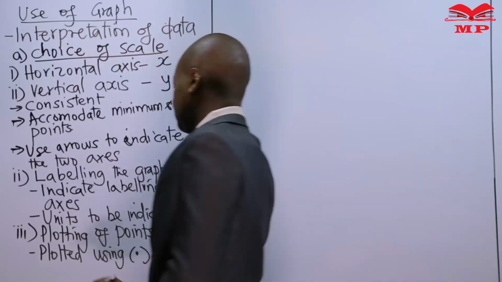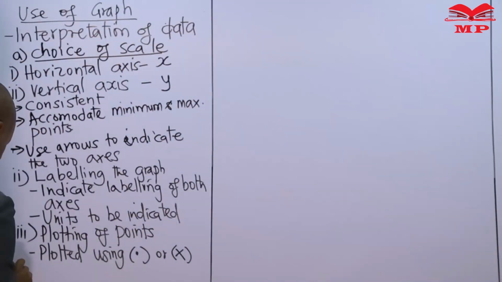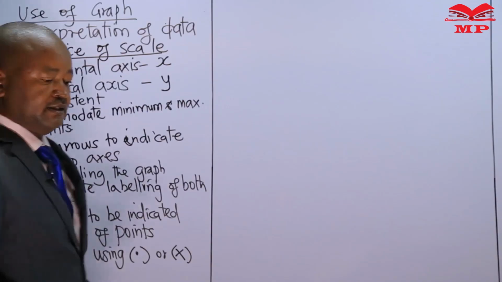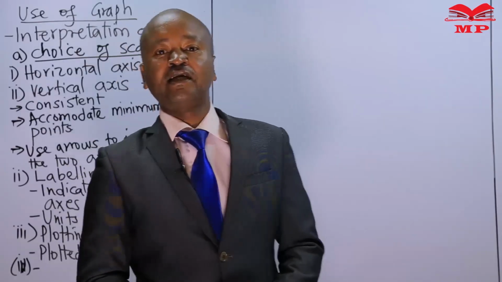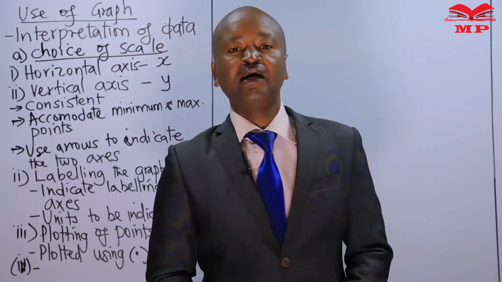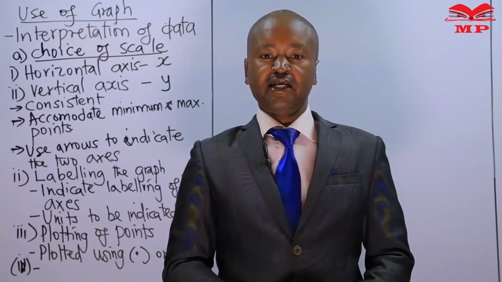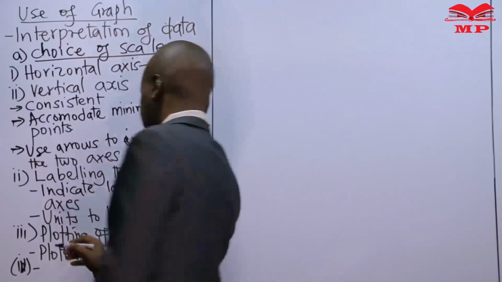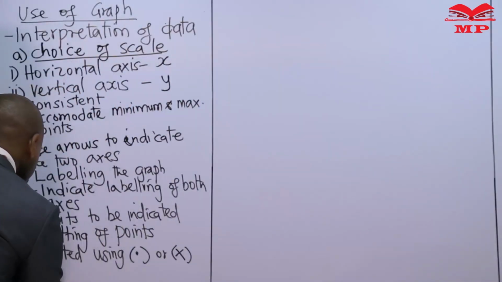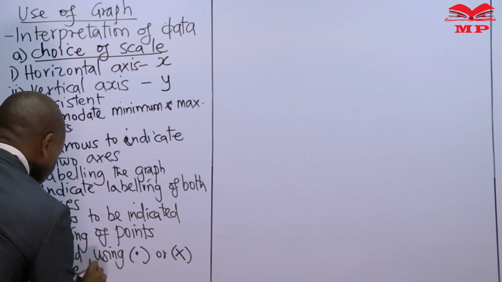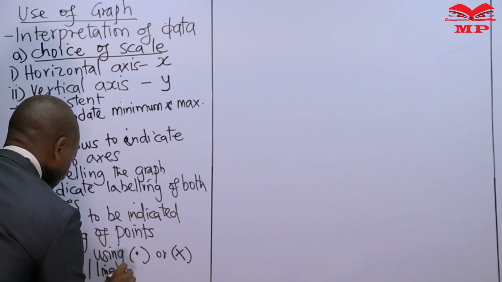Then lastly, we have the last bit of the graph. And this bit, it is important to note that it can be either a curve or a line graph. So we have got curves or line graphs.